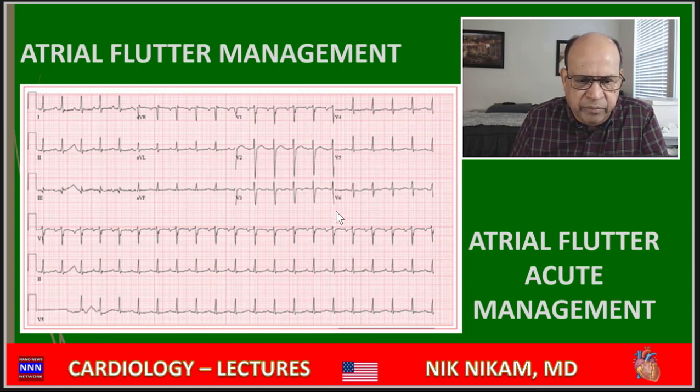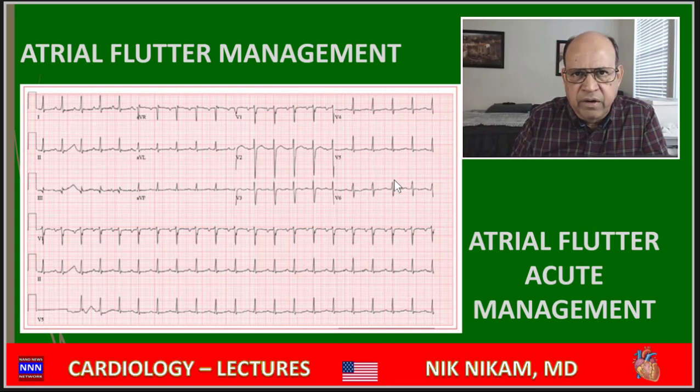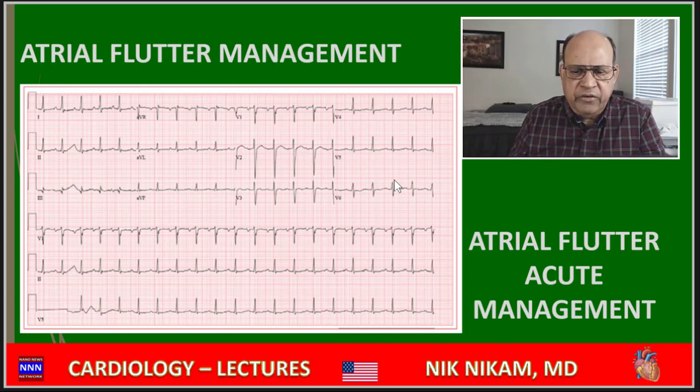The other option would be, if you are at bedside, you can try carotid sinus pressure or vagal maneuvers to slow the rate down and see if you are missing a flutter wave that is buried in the QRS complex. This may look like sinus tachycardia, but the reason I put this one is to emphasize the fact that when you see a supraventricular tachycardia at a rate from 125 to 160, always look for or exclude atrial flutter.